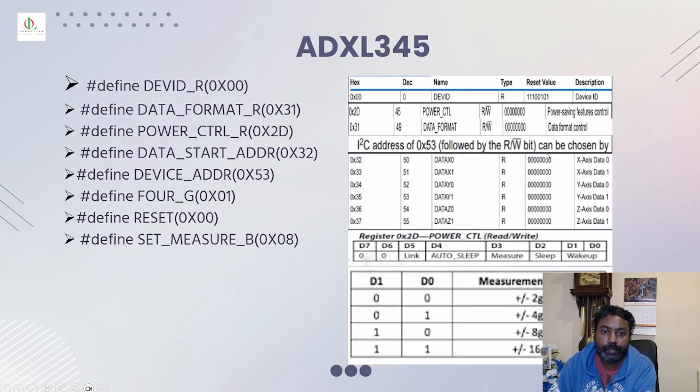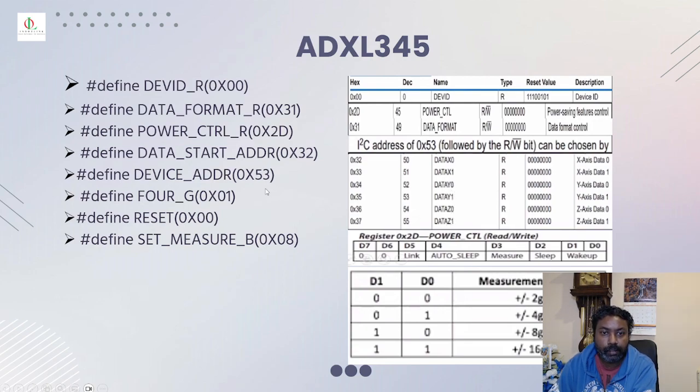And then you need to give the start address by giving 0x32. We are capturing three different axes: X axis, Y axis, and Z axis, being a motion sensor. That's why it needs 6 data registers: X0, X1, Y0, Y1, Z0, Z1.